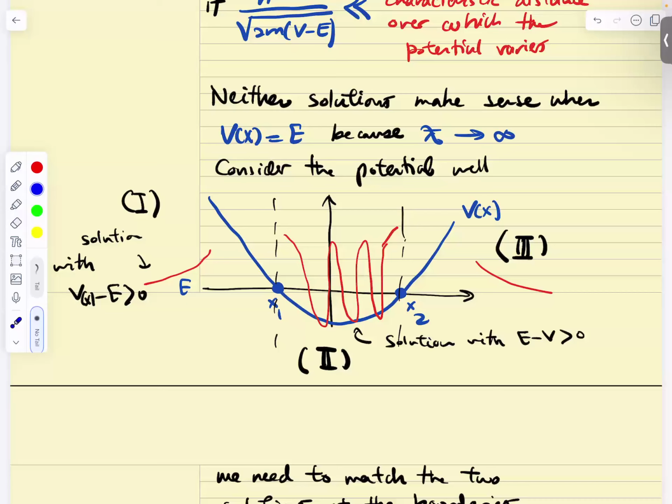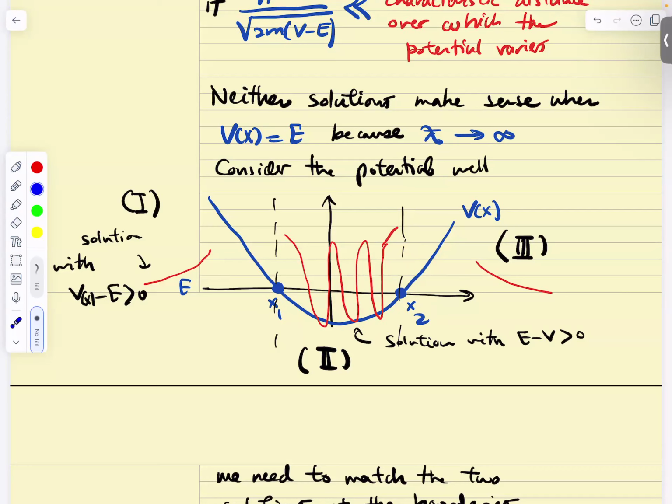So let's consider the following setup where this potential is symmetric. x1 is minus x2. Then my Schrodinger equation would be symmetric. Whatever I solve here, I have to be able to solve here. Whatever boundary condition I have for matching, whatever the value of psi of x at this point is, it will have to be the same value on the other side.